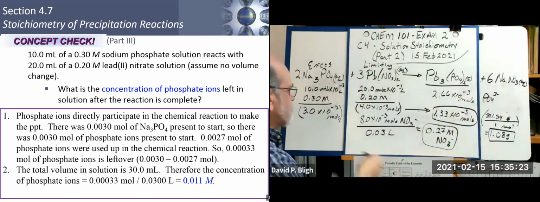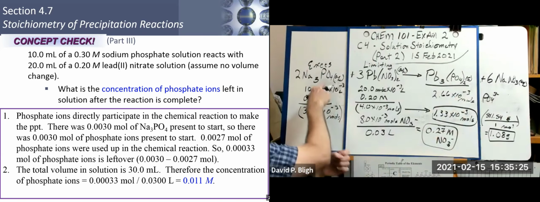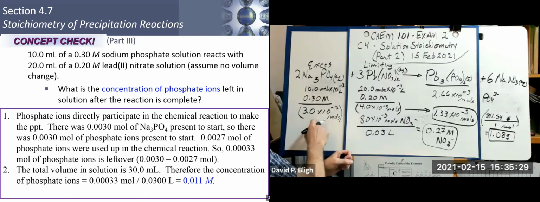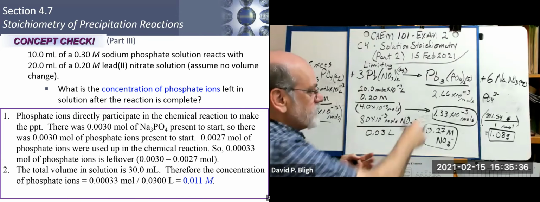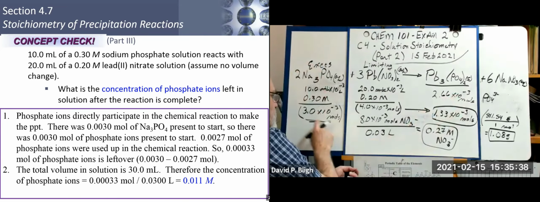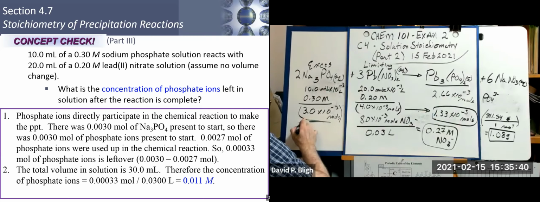Okay? How much did we start out with? Well, there's 1 for every 1. So we actually started with this amount. So how much did we have left over? Well, subtract that from this. Okay? Since these powers are the same, we can just subtract these 2.